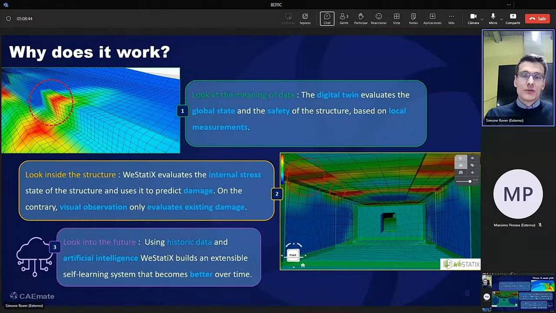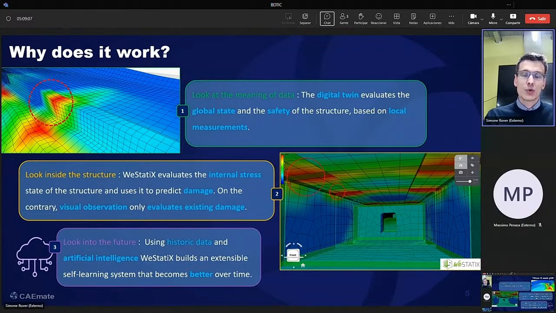In fact, by returning the real stresses to which the structure is subjected, we can assess if and how the structure is safe and where we should go with maintenance.